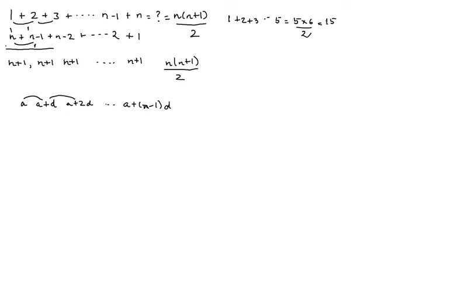Now, if I add the series in reverse and I pair them the way I was pairing in the 1 to n series, right? You can see that the sum will always be 2a plus n minus 1 d, right? And the number of terms are n.